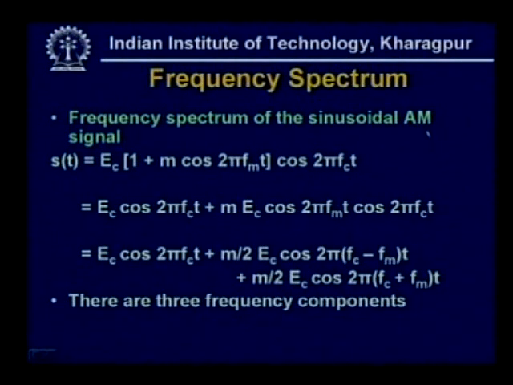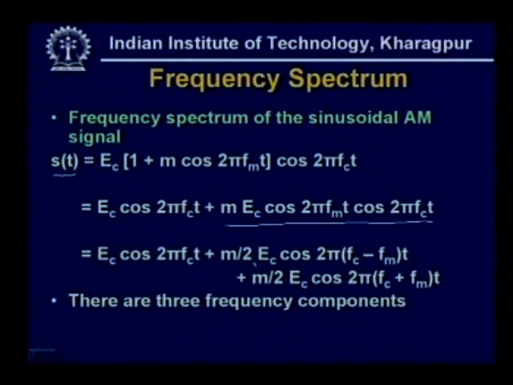That means, the modulating signal is a sinusoidal signal, and in that case the modulated signal will be s(t) equal to Ec into 1 plus m cos 2π fm t into cos 2π fc t, which can be expanded to Ec cos 2π fc t plus m Ec cos 2π fm t cos 2π fc t. This particular term can be represented by this form.